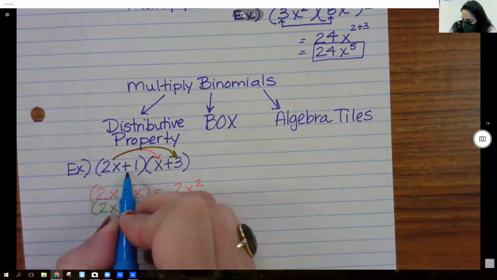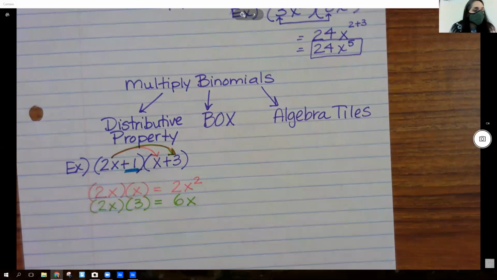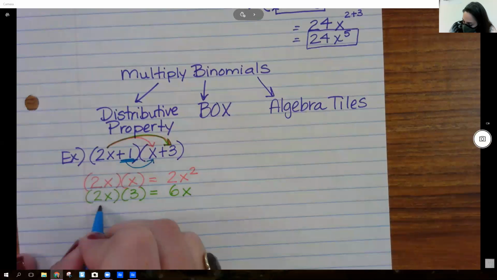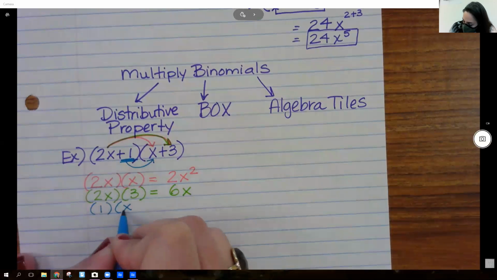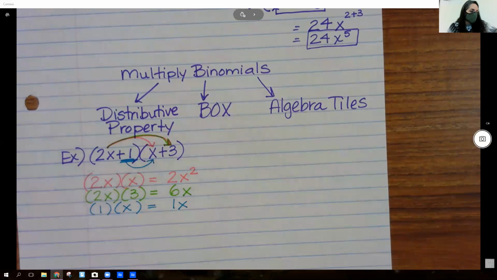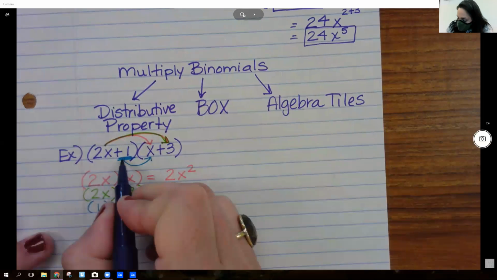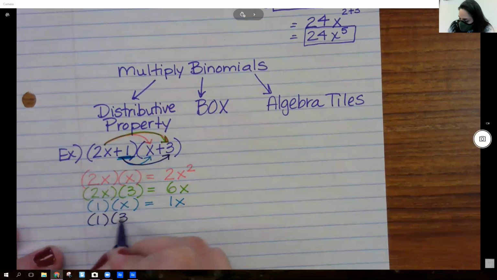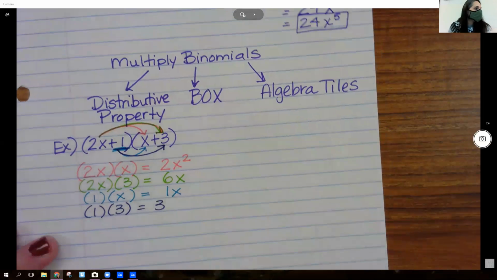Then now it's this one's turn. Remember how we did that? It's like the distributive property twice. So 1 times x is just 1x. And 1 times 3 is 3. Okay.